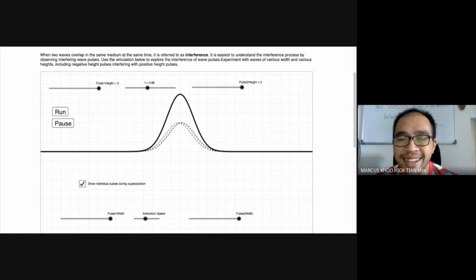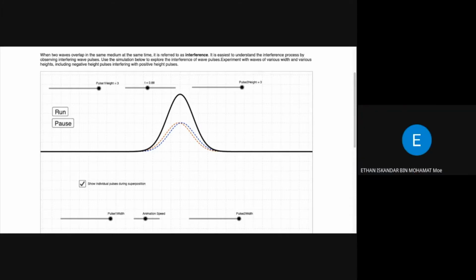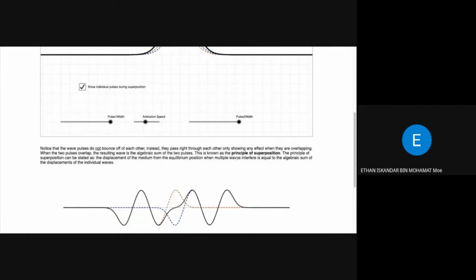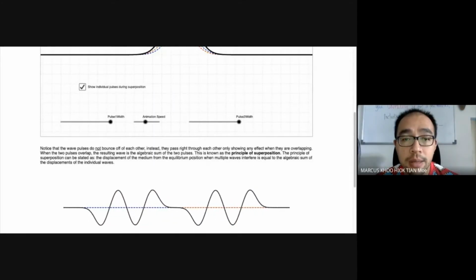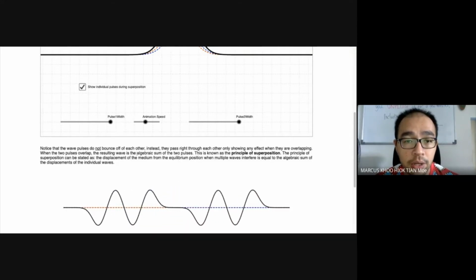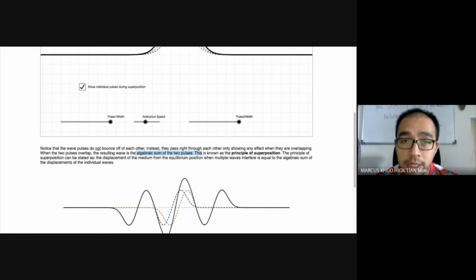When two waves overlap, the resultant displacement is the sum of the individual displacements of the two waves. Very good. So it can be the algebraic sum of the two pulses.